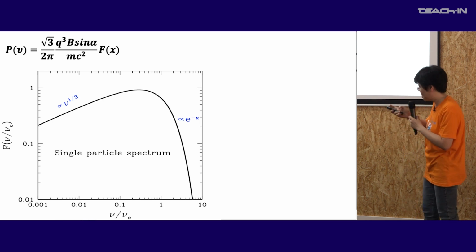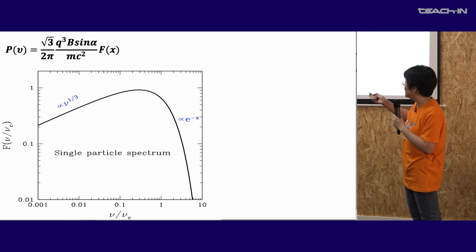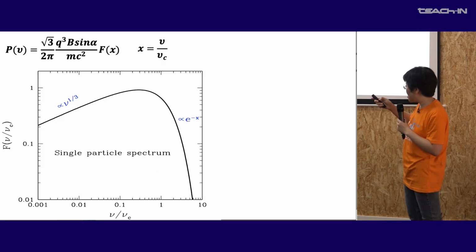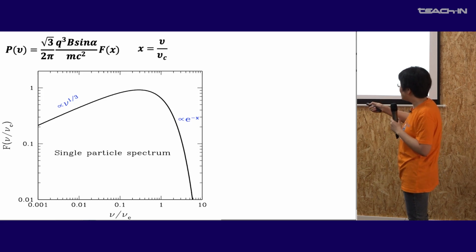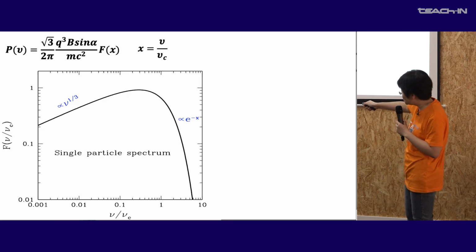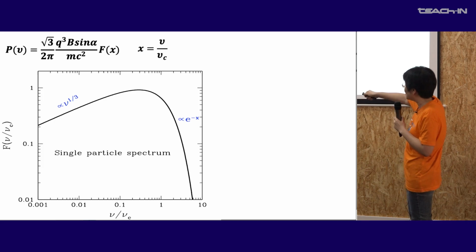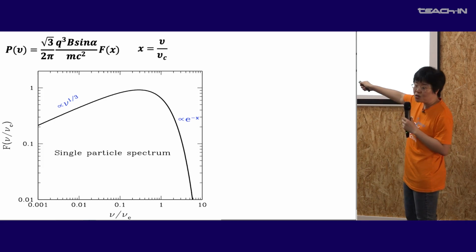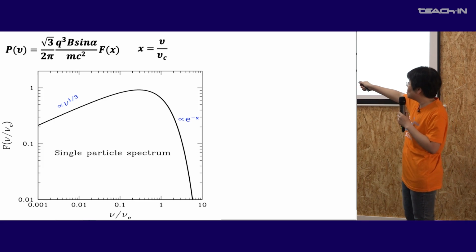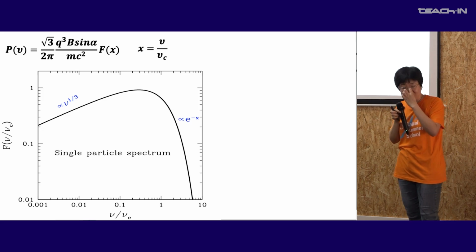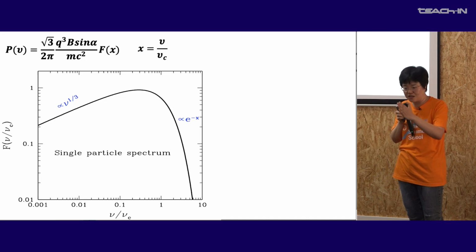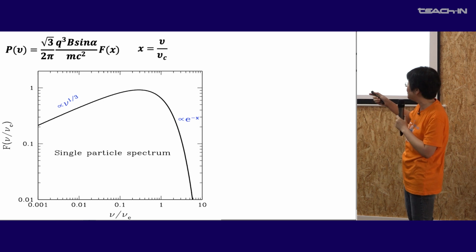Elena has done a very good introduction, so let's just briefly introduce it here. For one single particle, for example an electron, the synchrotron radiation spectrum is something like this. It's proportional to the magnetic field, and also proportional to sin alpha, where alpha is the angle between the electron's velocity and the magnetic field.